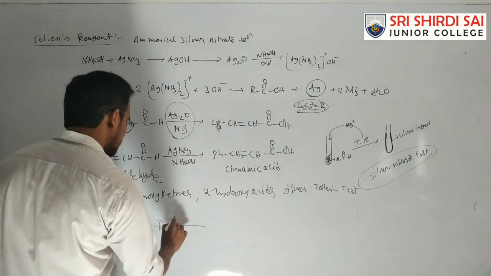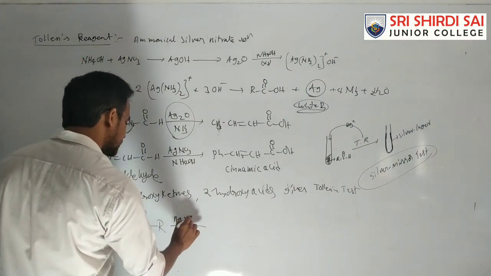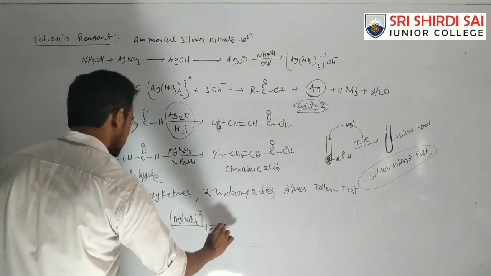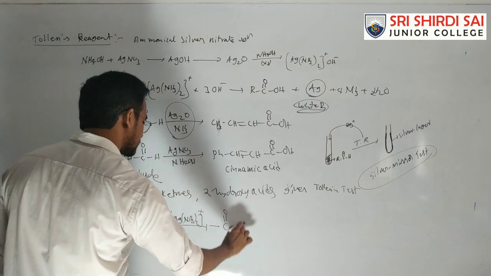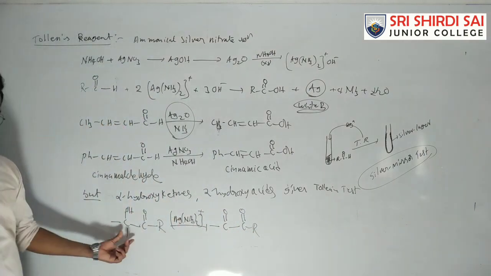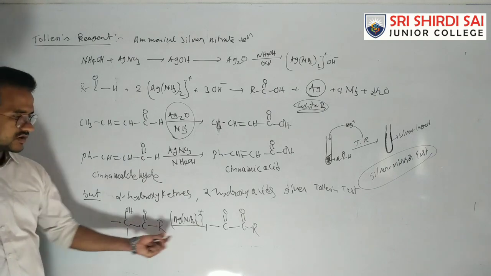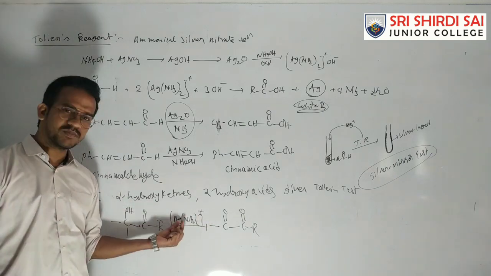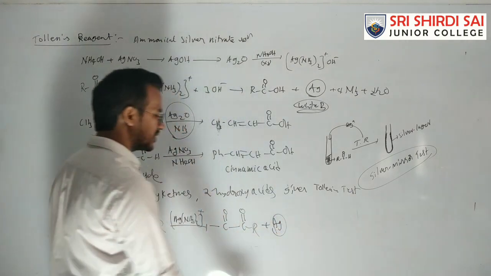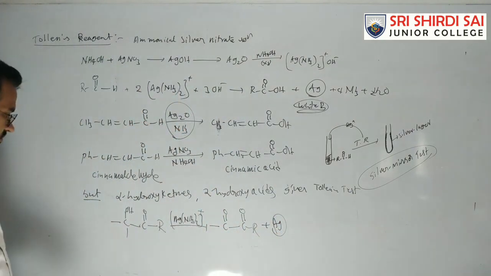This alpha hydroxy ketone on treating with Tollens reagent, Ag(NH3)2 plus, the hydroxy group is oxidized to the ketone. In this reaction, oxidation takes place, the alcohol is oxidized to ketone, and Ag plus is reduced to Ag. There is a silver mirror formation.